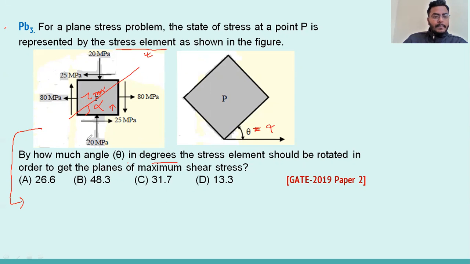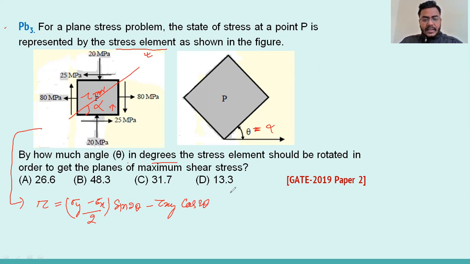So how will we calculate? For this kind of problem, there is a general expression for shear stress that I'm writing over here. That will be equal to sigma y minus sigma x divided by 2 into sine 2 theta minus tau xy cos 2 theta, right? This is the general expression for this case.